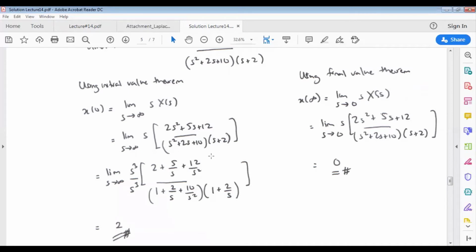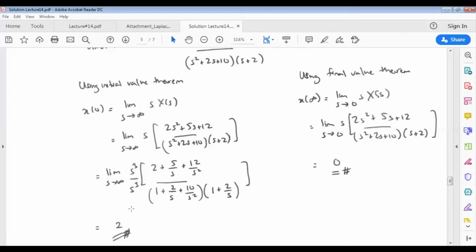For the denominator, I take out s to the power of 3, leaving 1 plus 2 over s plus 10 over s squared, and here 1 plus 2 over s. So this can be cancelled out. When we substitute the limit of s approaching infinity into these terms, we get that the value of x(0) is equal to 2.